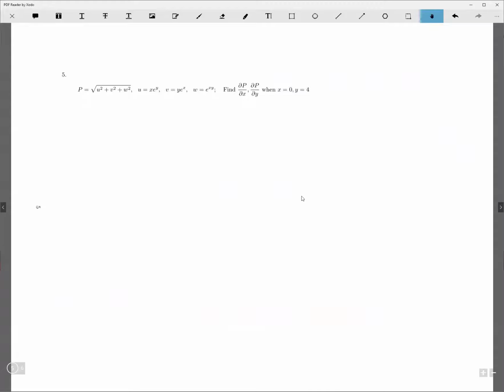So let's go to number 5. P is the square root of u squared plus v squared plus w squared, where u is this, v is that, and w is that. What do we have at the very top?